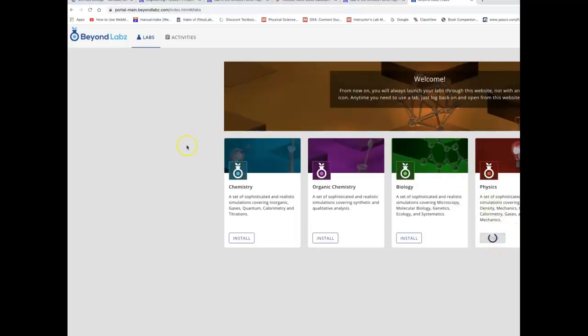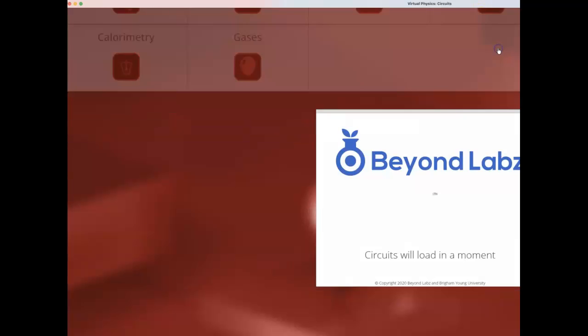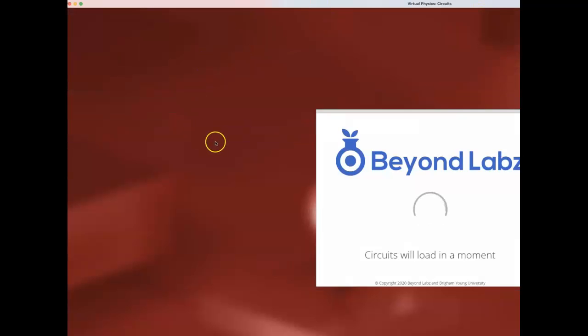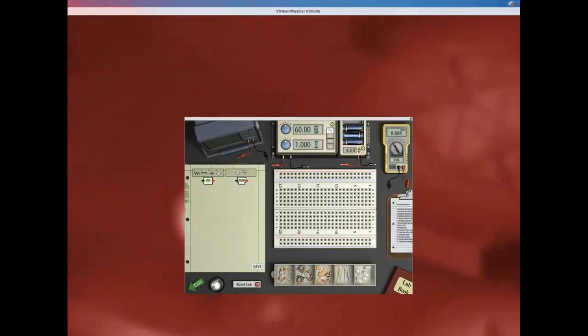Okay, I'm going to open my physics, and then I will wait till it opens. I don't know why it's different here, circuits. And now I have my, okay, let me center.